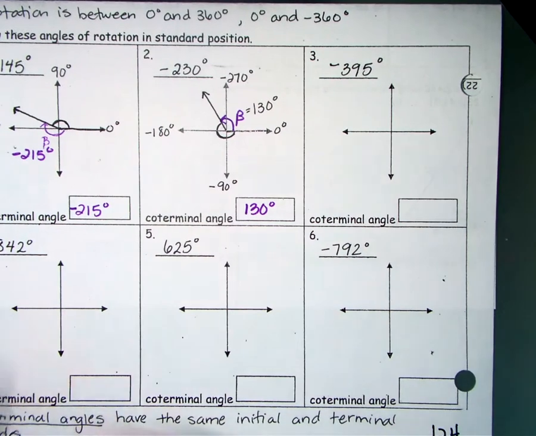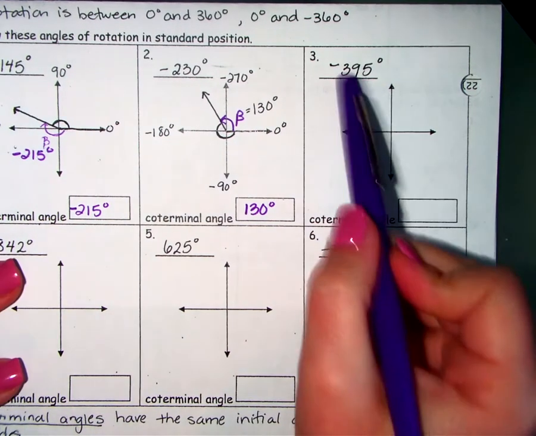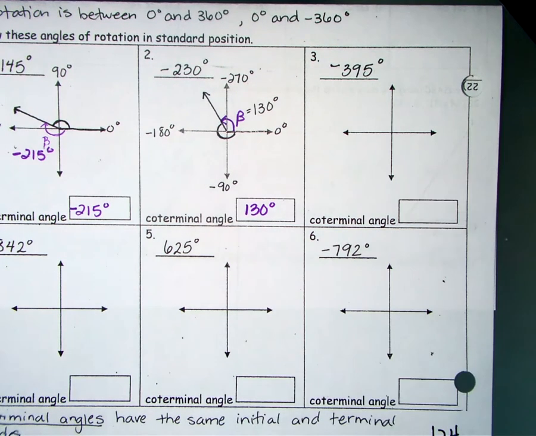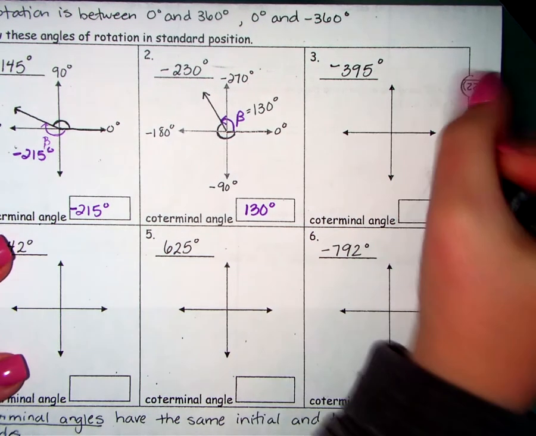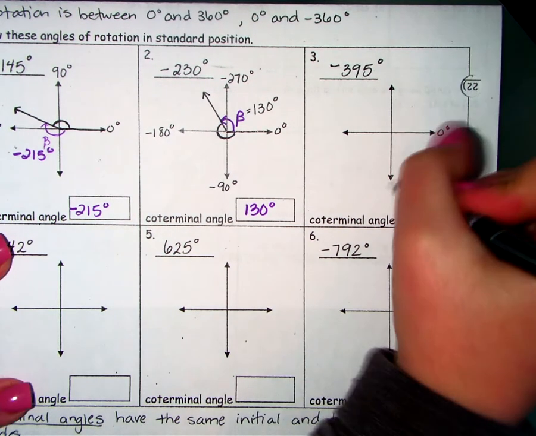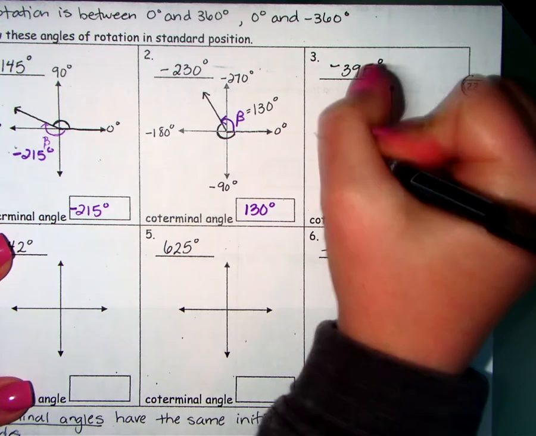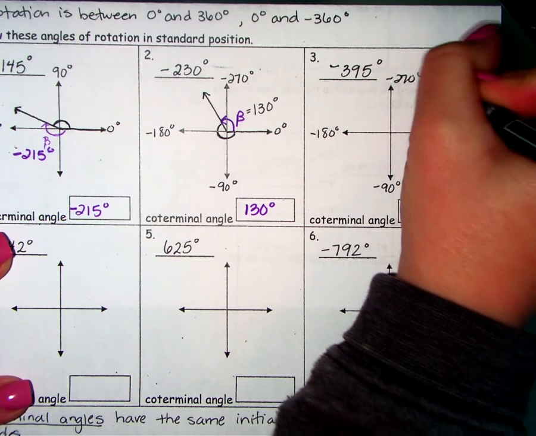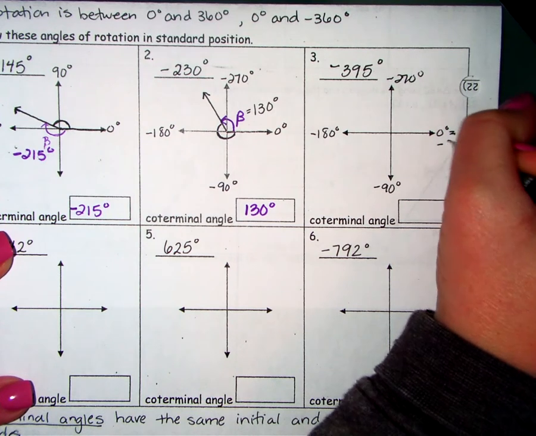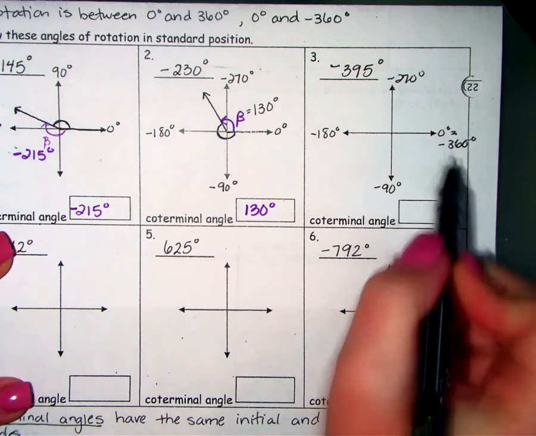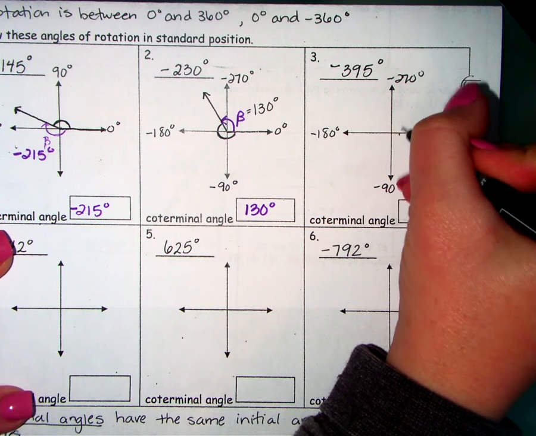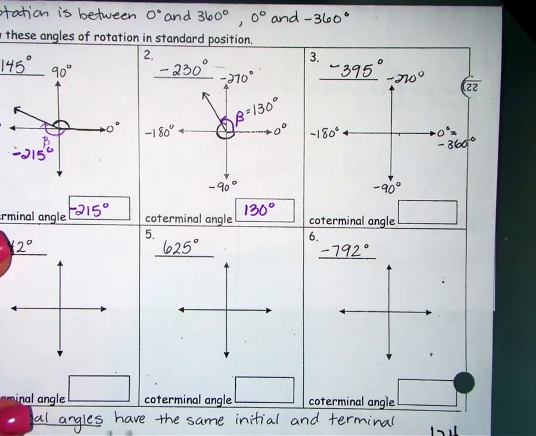Right? So let's look at this negative 390, because this is more than one rotation. If I were to think about going from 0 degrees and moving around my unit circle, this would get me to a negative 360 degrees. And so that negative 395, that's going around the circle once and then continuing just a little bit more.